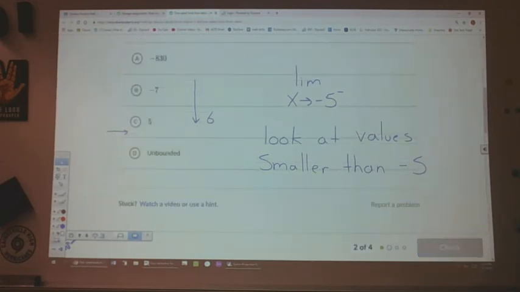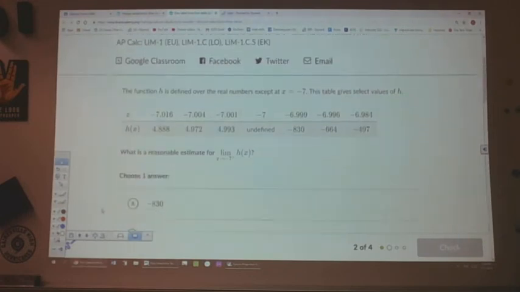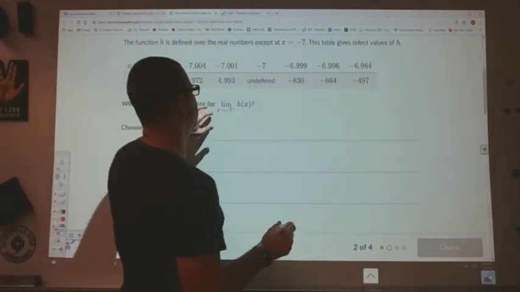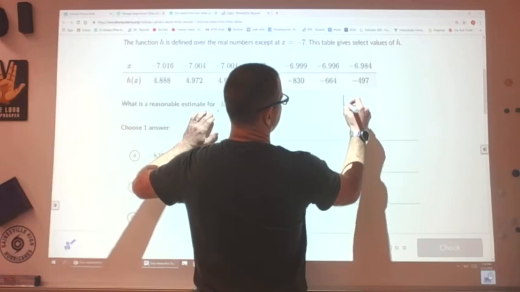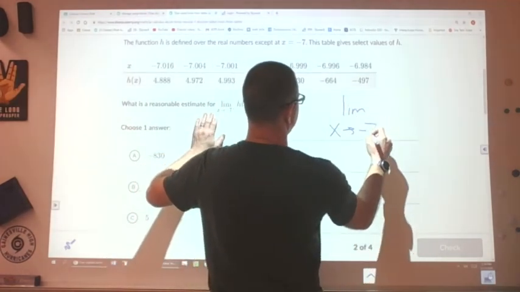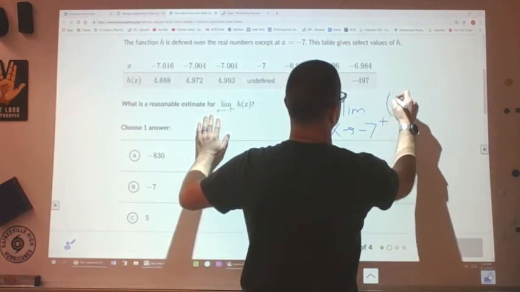So again, just reading the table, but now we are only focused on one side. Here, it is the limit as x approaches -7 from the right for our function h of x.